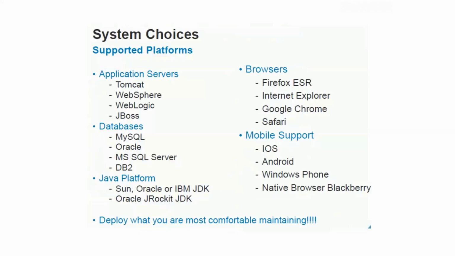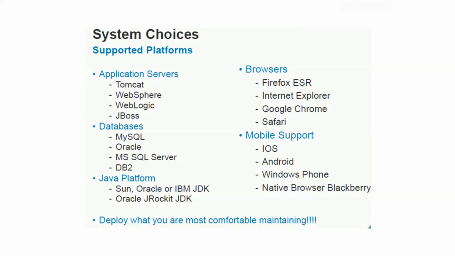Coming to the system platforms that SailPoint supports. Application servers that SailPoint supports are Tomcat, WebSphere, WebLogic, and JBoss. Database platforms are Oracle, MySQL Server, and DB2. The SailPoint application is based on BeanShell, and it also supports Java.